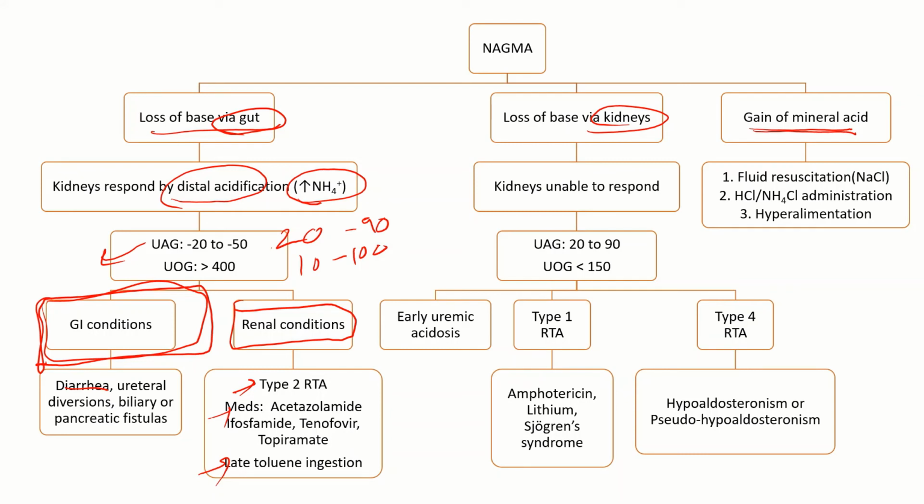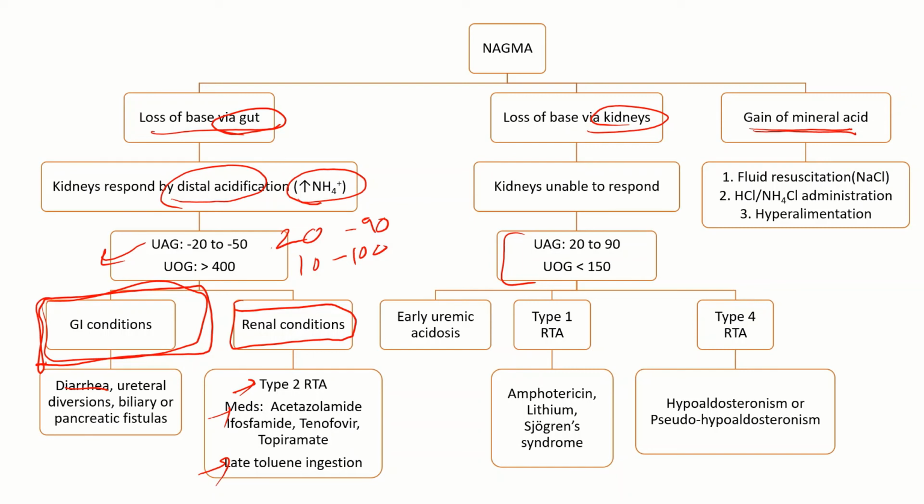The second thing is loss of base via kidneys. When there is loss of base via kidneys, that means technically the kidneys are not able to do their job. So kidneys are not able to do distal acidification, which means they will not be able to excrete acid by increasing ammonium ion, and when this does not happen, the urine anion gap and urine osmolar gap are going to remain pretty much within the normal range.